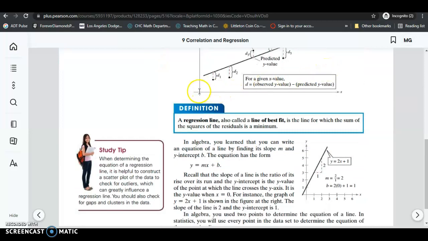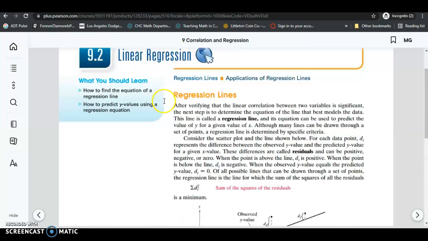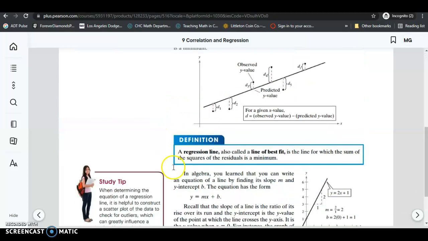All right, so let's look at the definition in the middle of the page. This is page 486. It tells us that a regression line, also called a line of best fit, is the line for which the sum of the squares of the residuals is a minimum. It's not going to make a whole lot of sense, and we don't have a lot of time to cover that.